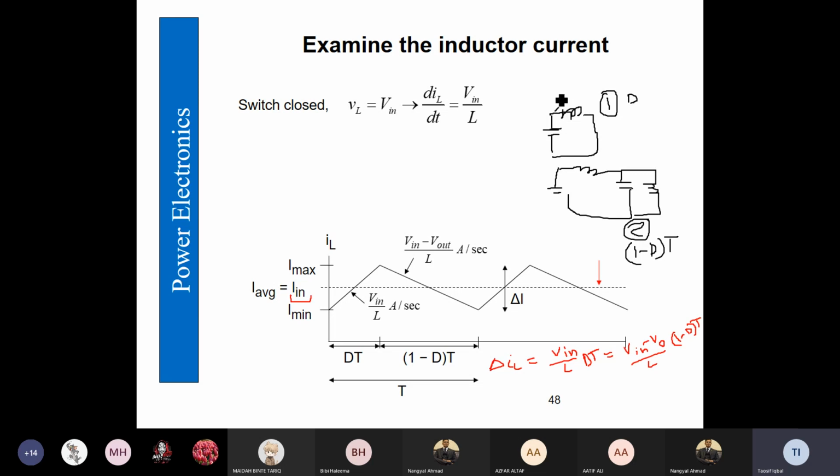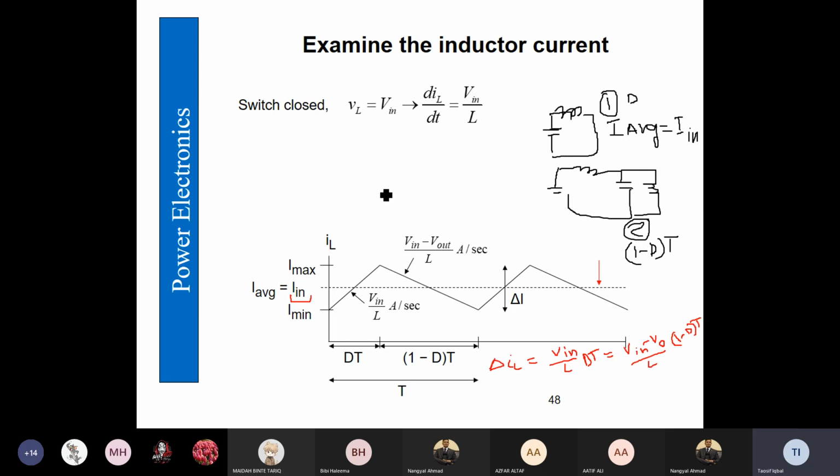So therefore the average current of the inductor is going to be equal to the input current. Whereas in the buck converter, we remember that the average inductor current was equal to the load current. Okay?